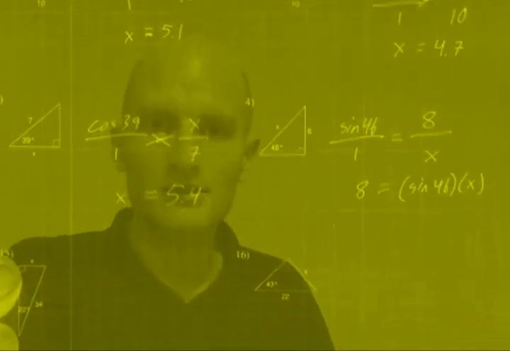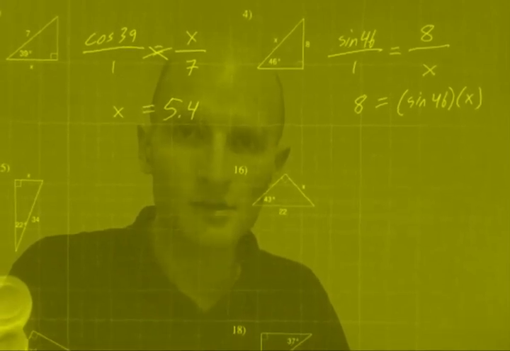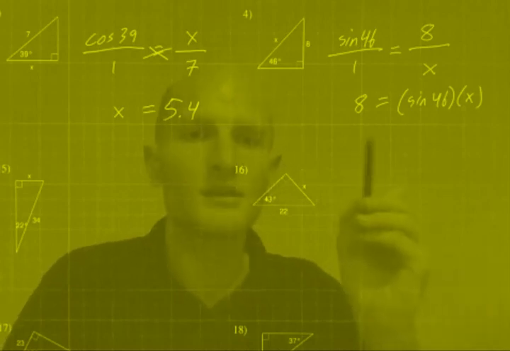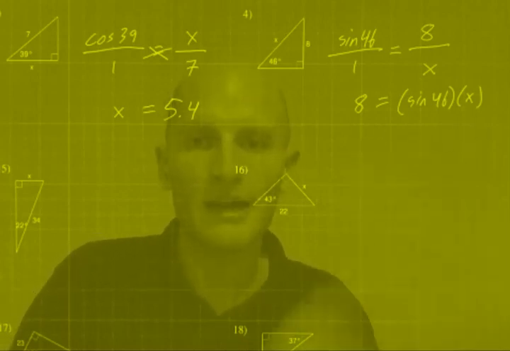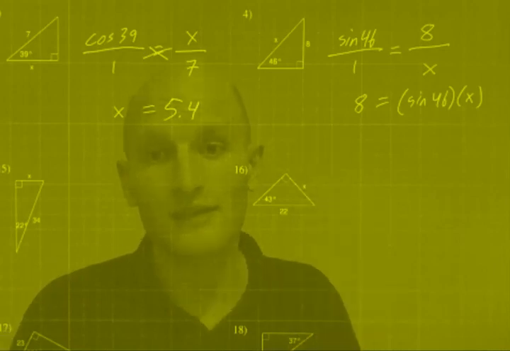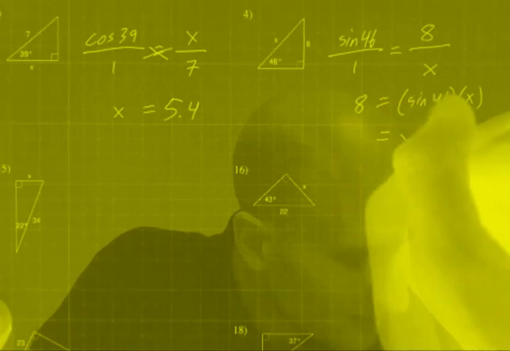Right? So we want to get the x alone. So this is like one of the examples you did yesterday. To get the x alone, divide by sine of 46. And then same thing on the other side, divide by sine 46. So on the right, when you divide by sine of 46, you get x.